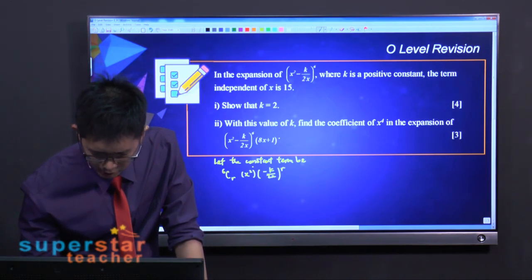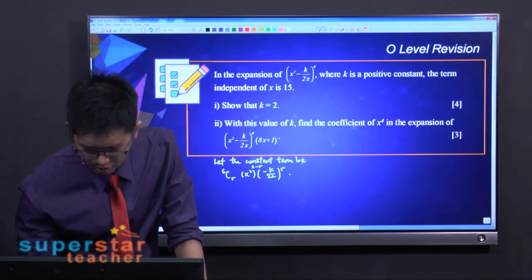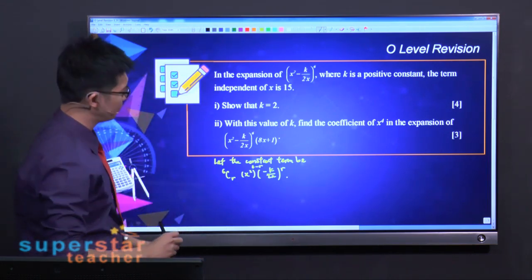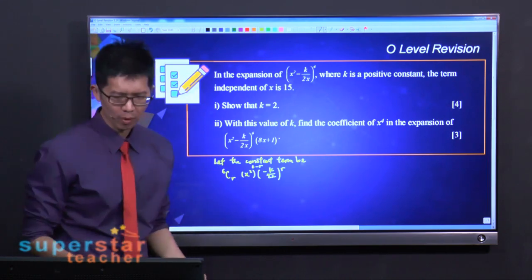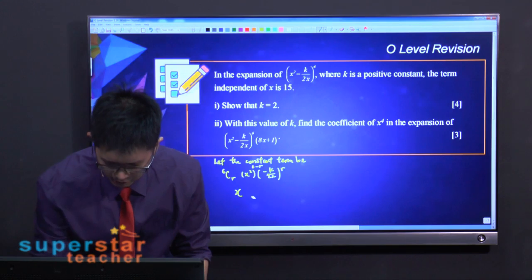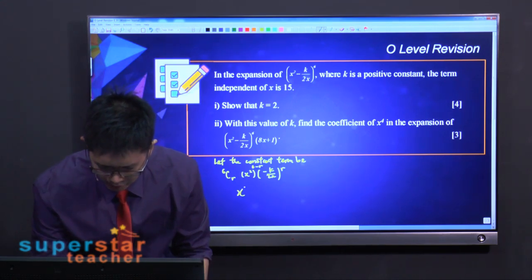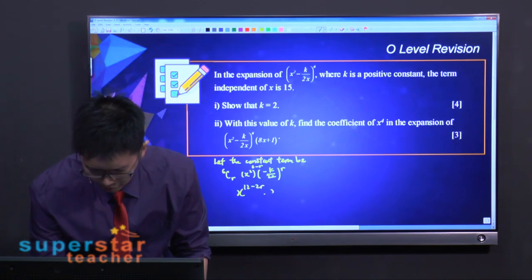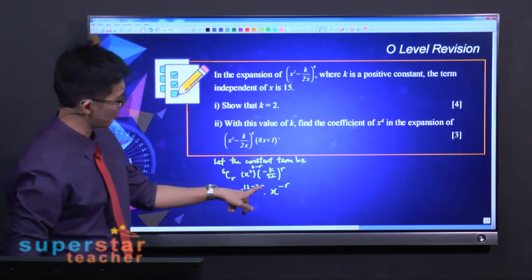Then this will be r, this will be 6 minus r. Okay, and therefore, once we have this, this is what we call the general term. So if we just pay attention to the x and its power, this is going to be x to the power 12 minus 2r times x to the power minus r. Okay, and in fact, this is the equation that matters the most, right?